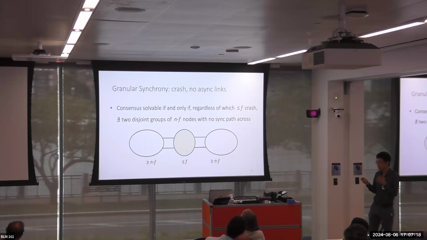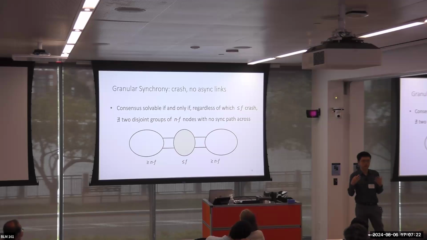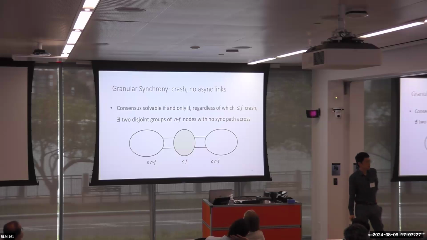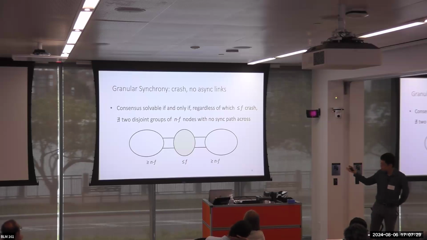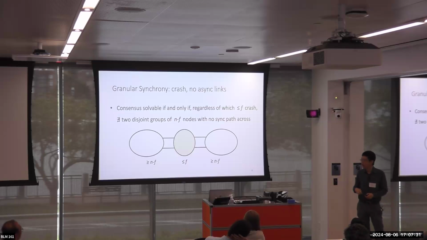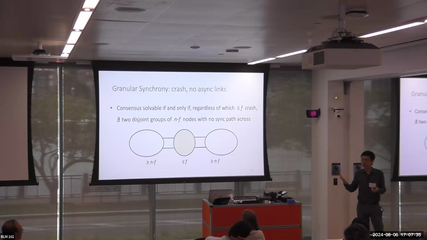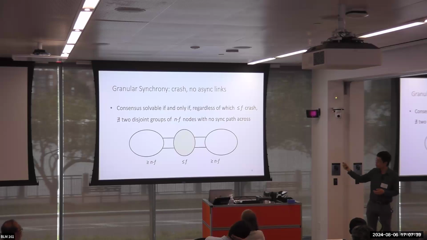They're only connected by potentially partially synchronous links that can take a very long time to deliver messages. It should be fairly easy to see why: if the adversary can do this, then consensus is not solvable, because you just corrupt that middle group.